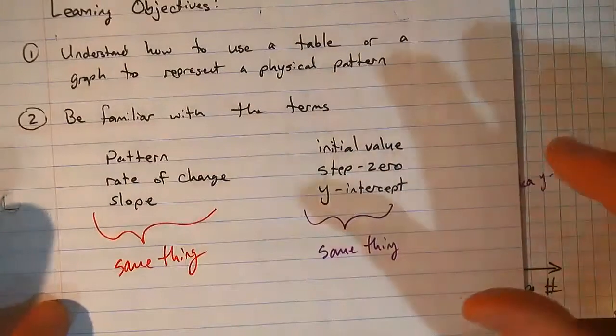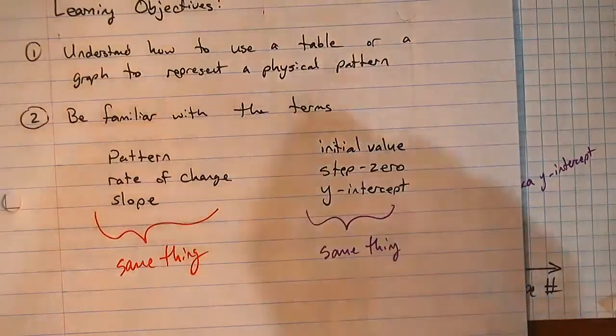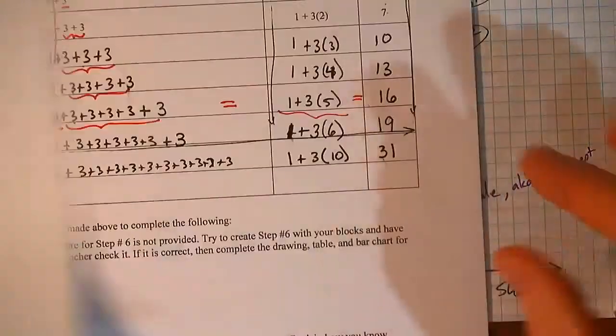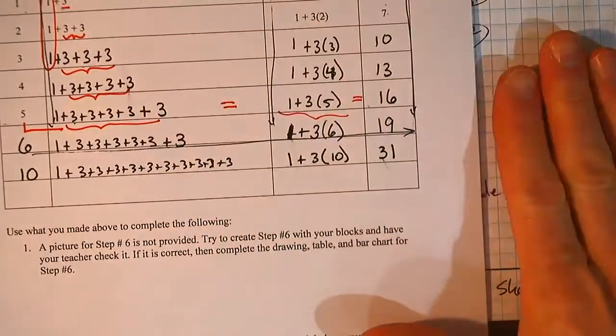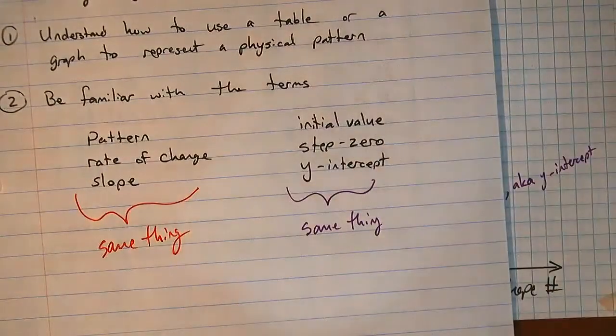We want to make sure that these words are all describing something tangible, but we can organize these with tables and graphs to make it a little bit more abstract and make it easier to see what those patterns and things are. And that's something that we're going to leverage in the next video when we start making equations. All right.